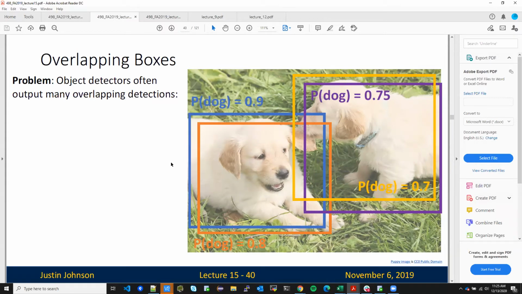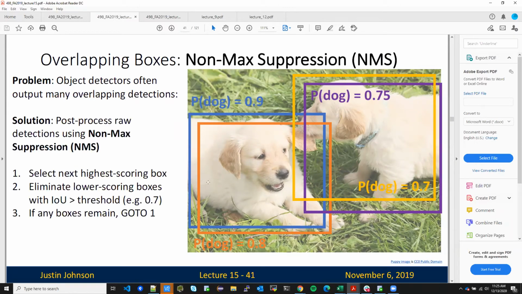So what object detection methods introduced is something called non-max suppression. Let's see if I can remember non-max suppression.